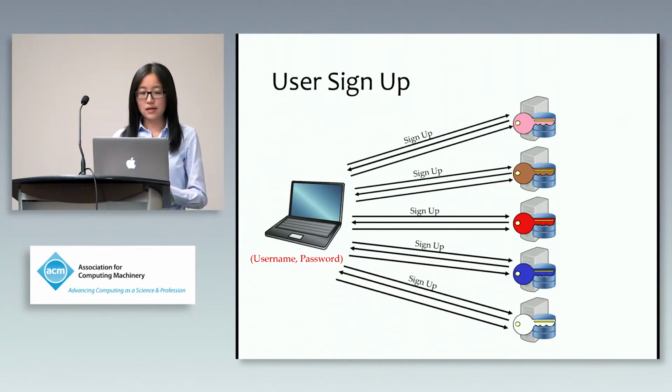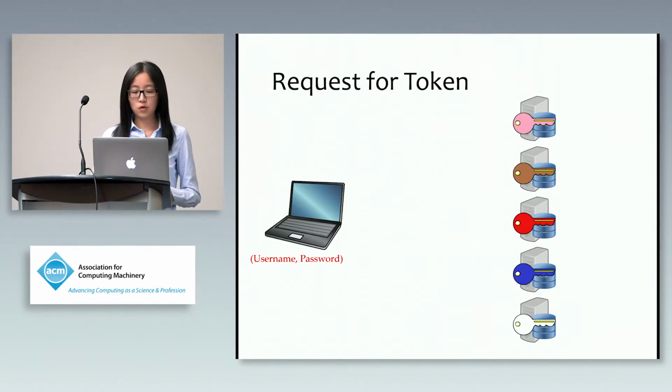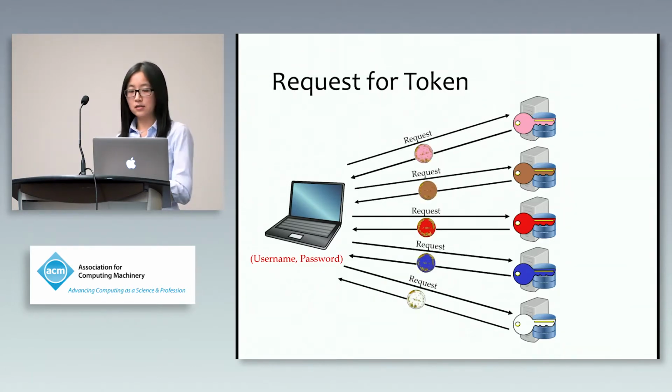And then after the sign-up phase, a user can again use a username and password to request a token. And this is a two-round protocol, one round from the client to every server, and then one round from every server back to the client. In the second round, again, there is no communication between the servers. In the second round, every server will use the secret key share to generate a partial token.